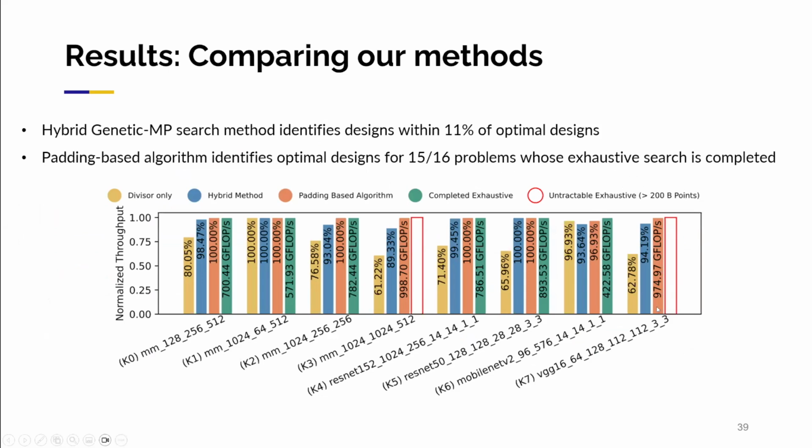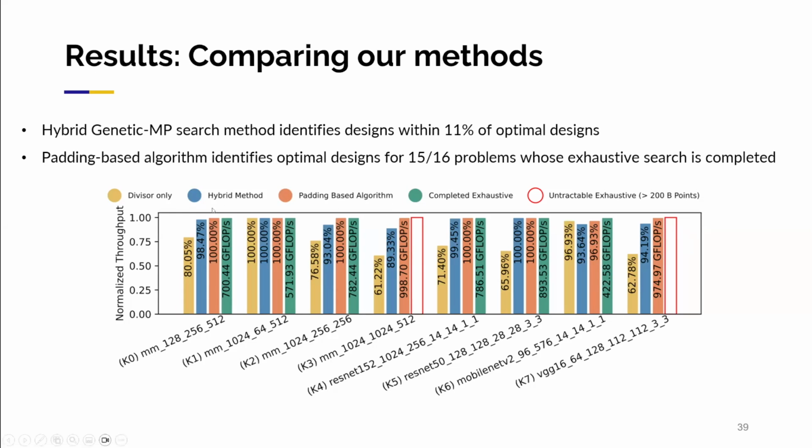So these problems have huge design space. These with the red bars, it's more than 200 billion points. But we found that our padding-based algorithm achieves close to the optimal performance while exploring a much smaller design space.